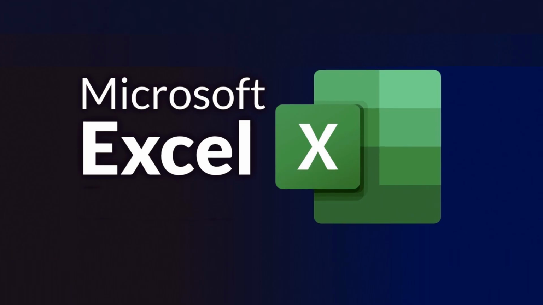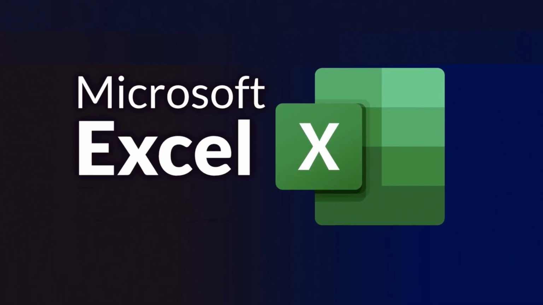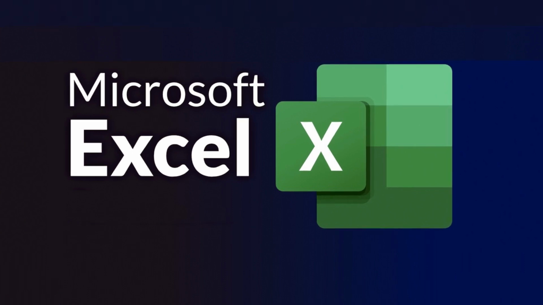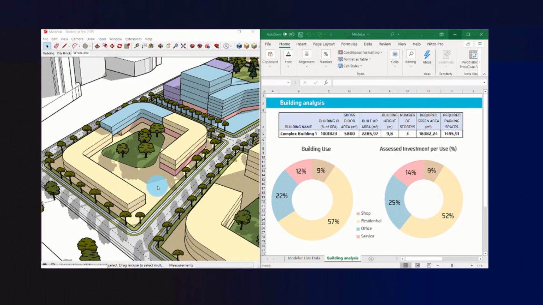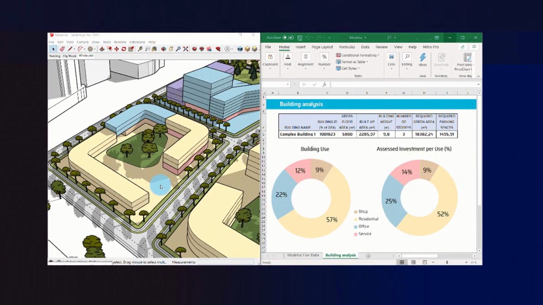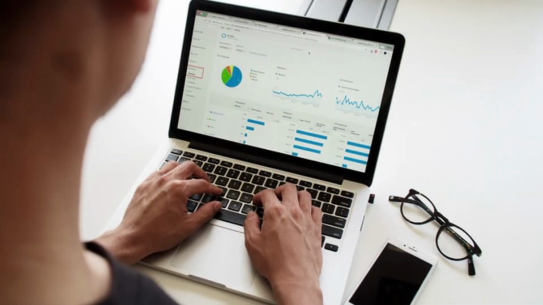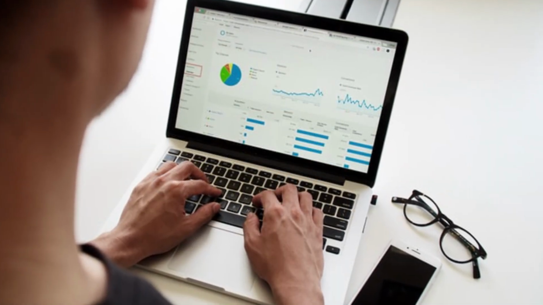Excel. It is a ubiquitous tool in diverse domains, and also finds a crucial role in the realm of urban planning. It is renowned for its prowess in organizing, analyzing and visualizing data. Excel serves as an indispensable companion for urban professionals, aiding them in managing and comprehending intricate data sets. In the intricate world of urban planning, data lies at the core of informed decision making.